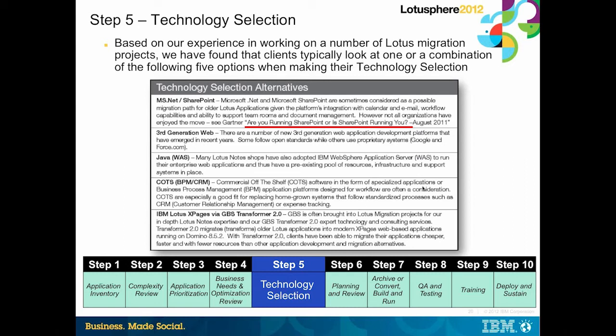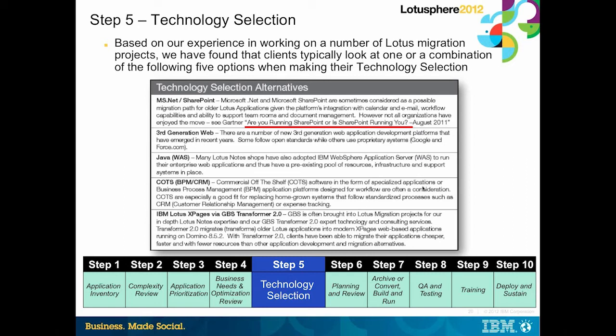There's also third-generation web tools that are out there, specifically Google Force, Java WebSphere Application Server, being able to move applications to the J2EE space. Typically that is by moving the logic into J2EE, JSP, JSF, and moving your container, if you will, to typically a relational database. In the IBM world, obviously, we would want that to be IBM WebSphere Application Server and DB2.